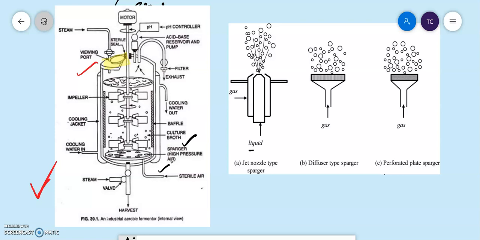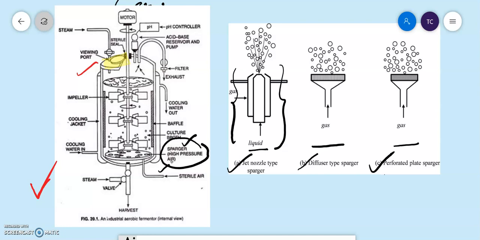Here there are three different Spargers in front of you. One is your jet nozzle type Sparger, another is your diffuser type Sparger, another is your perforated plate type Sparger. Now the question is why this type of design? This design is nozzle based, and the air is moving inside with high pressure. What is the reason behind that?